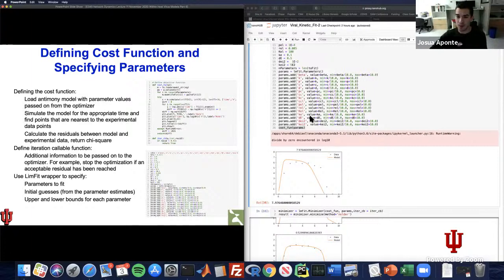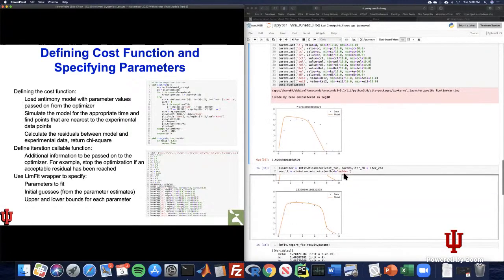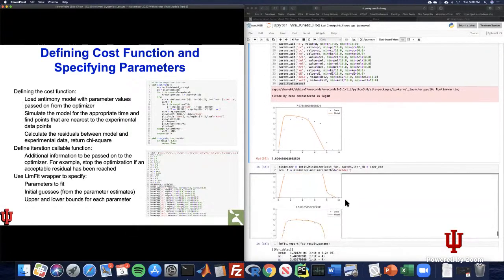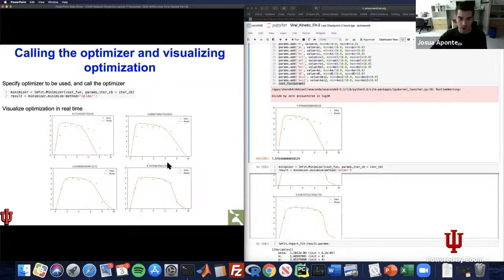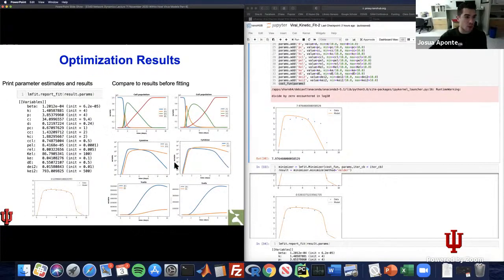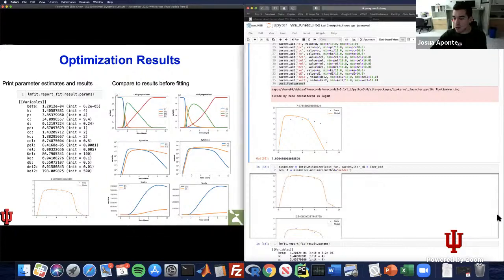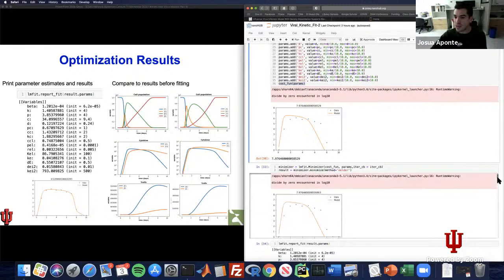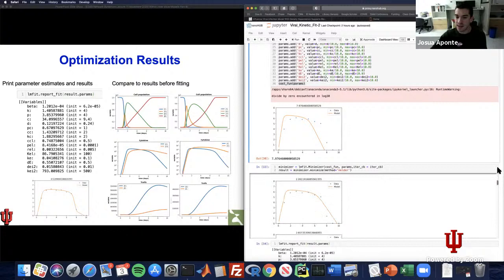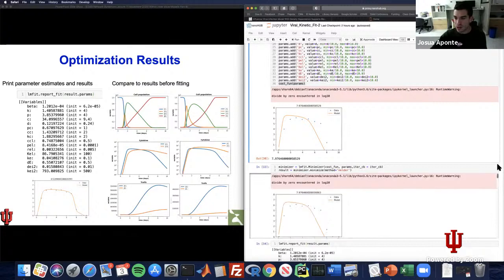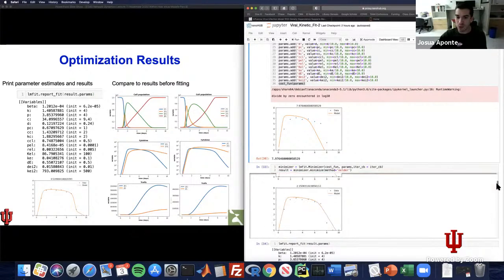Yeah. Okay, cool. So the next part is that we actually run the optimizer. If you look at the notebook that I uploaded, it's already found a solution, but you can look at the history of what it did. We started with our initial guess, and it started moving and getting closer and closer to the experimental data.